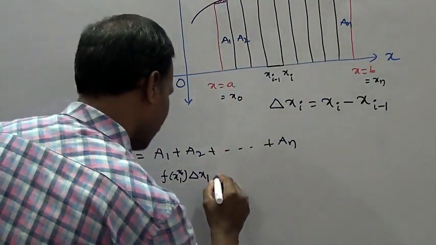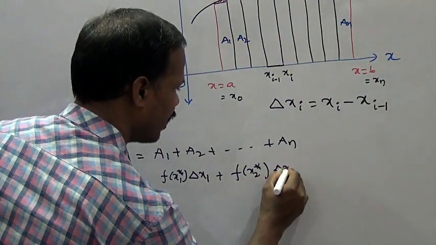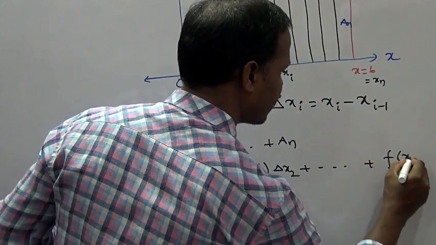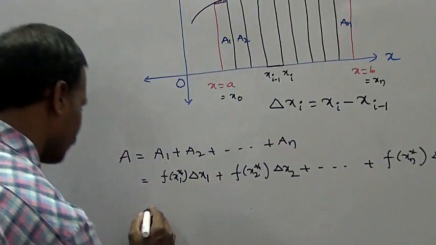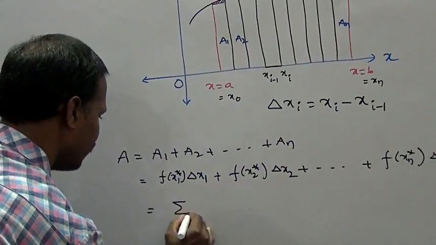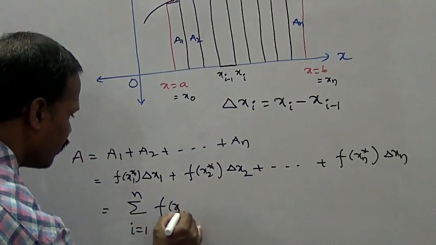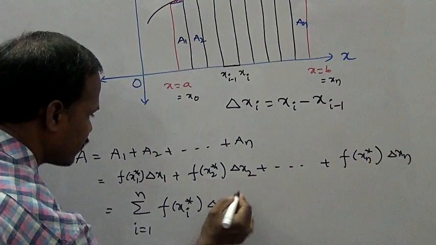Okay. Similarly, f of x2 star into delta x2 plus so on, plus f of xn star delta xn. So this is equal to summation from i equal to 1 to n f of xi star into delta xi.